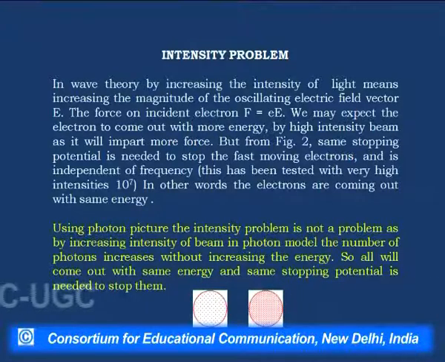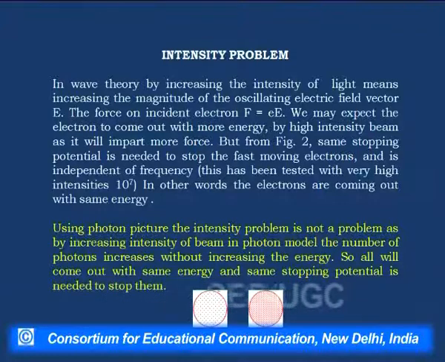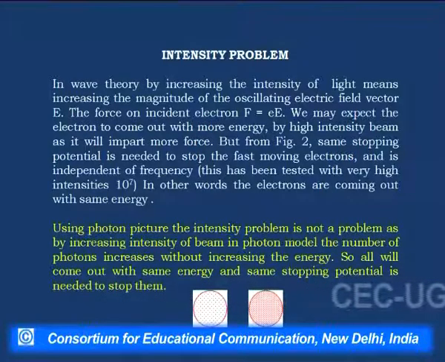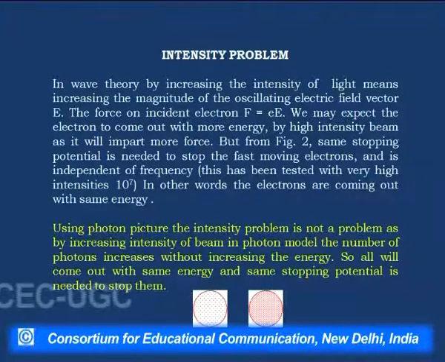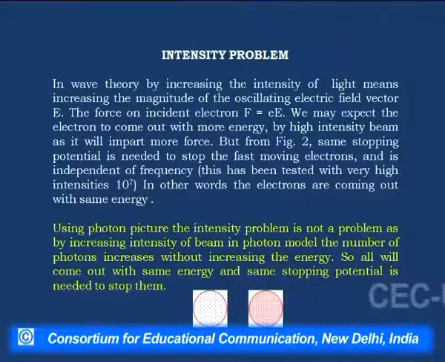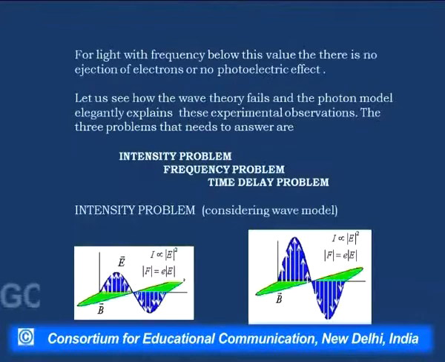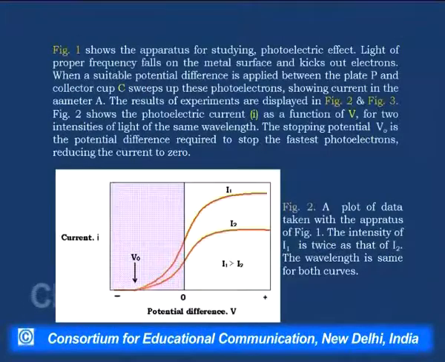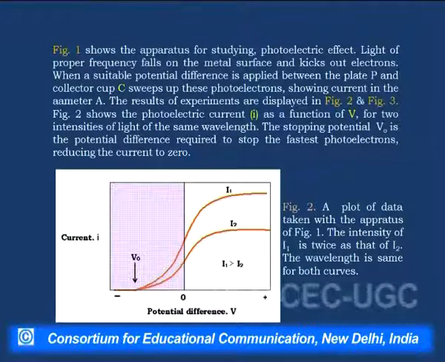Now, if we explain with the particle model, less intensity means a smaller number of photons per unit area, and higher intensity means more particles. Now, if we go back and see this, here we are increasing the intensity.